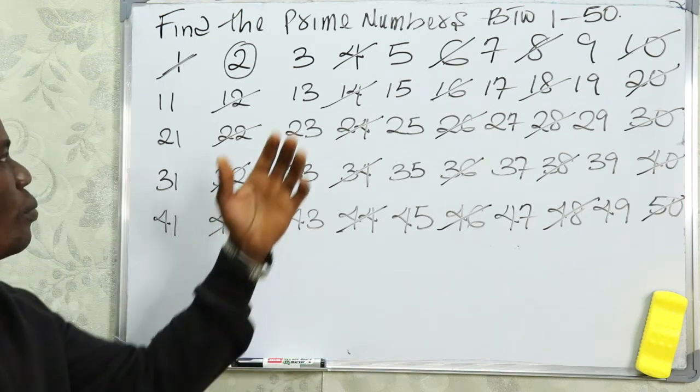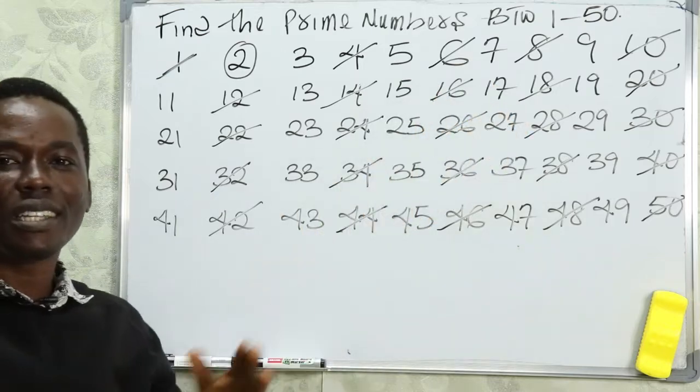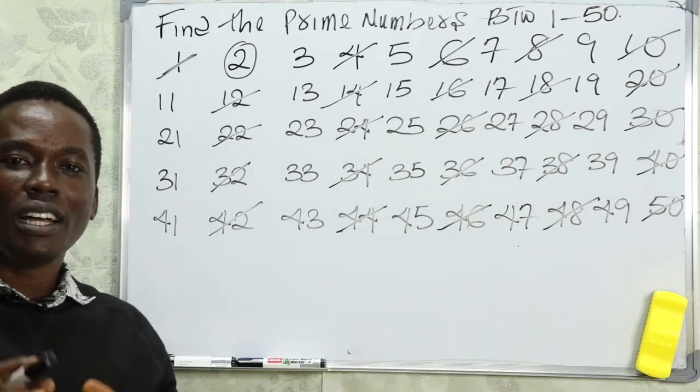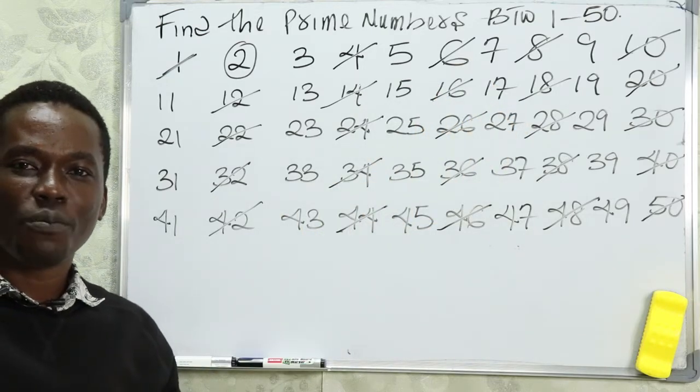So you see, we've been able to remove the numbers that are not prime and are related to 2.